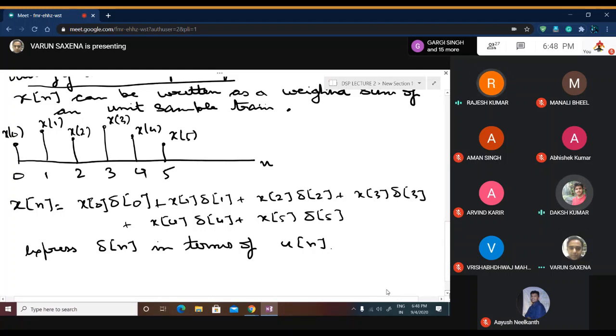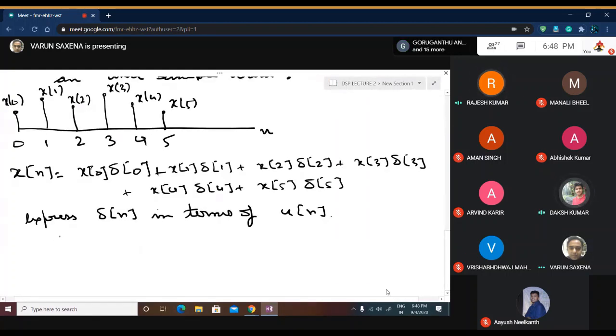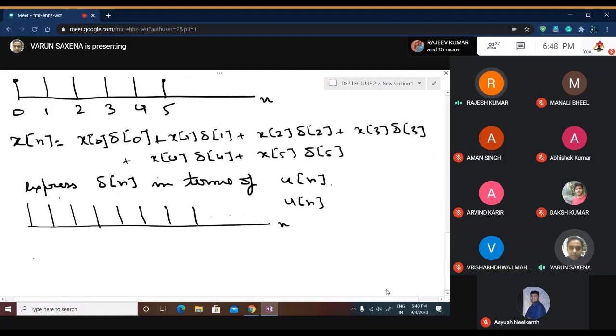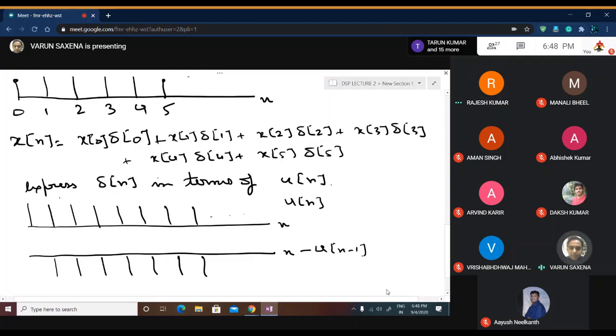Sir, we took the unit step sequence u[n], shifted it by one step, and subtracted it from the original. So we only get the 1 at n equal to 0. So you basically have this, and this is your u[n], and then you have a series that goes like this, and this is minus u[n minus 1].